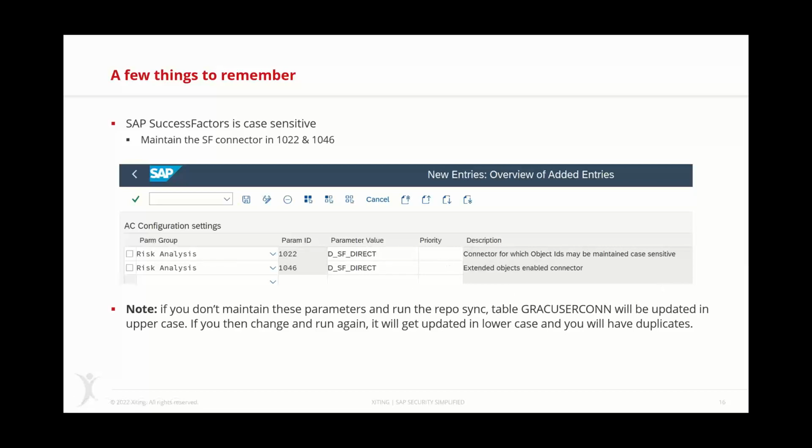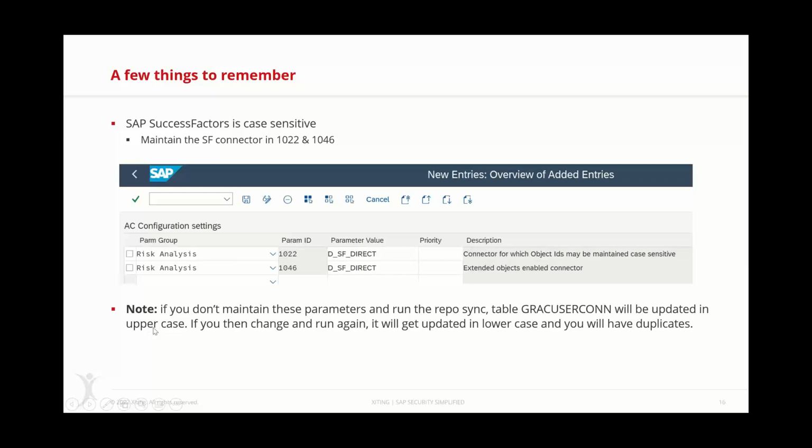What's important is, let's say you're just playing around and integrating SuccessFactors. If you have the connection established in SM59 and you run a repository object sync, but you don't have those parameters maintained, which happened to me before because I was super excited that the connection got established, so I ran a sync to see if I got the users, then my master table for the users will be updated in uppercase.